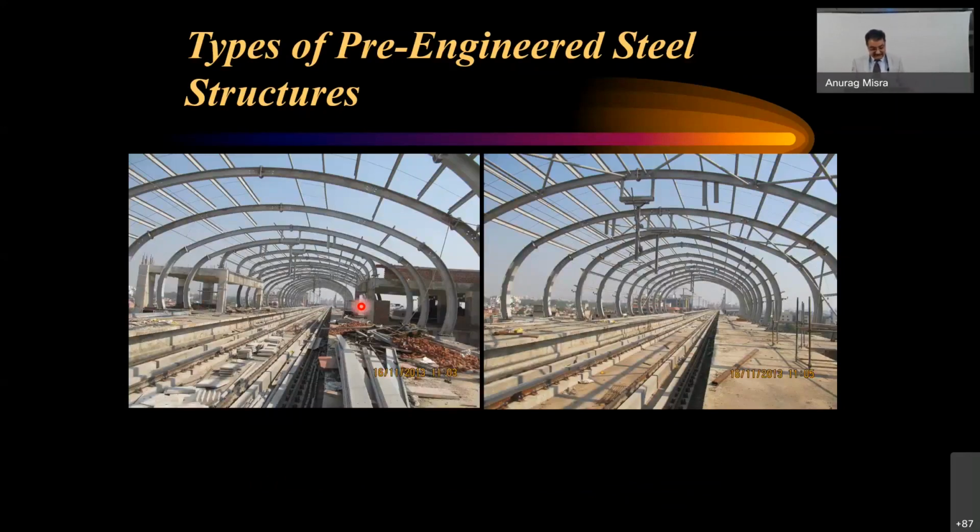This picture I have taken from a metro station when it was under construction, and you can see it is a good help to the architects that whatever shape they are designing, the steel structures are able to provide innovative shapes, not wasting too much time in construction, because as you can see, this whole thing is divided.